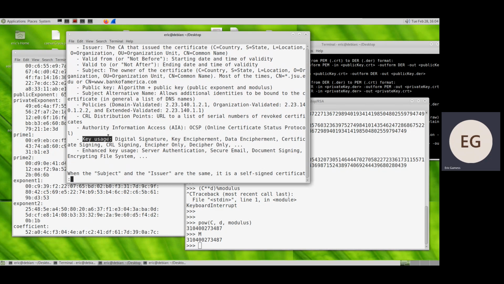So these are the possible uses. And we have an extended key usage, because when they created this field at the beginning, they only considered 8 values. Then they made an extension to the certificate to consider more values, to say what the certificate can be used for.